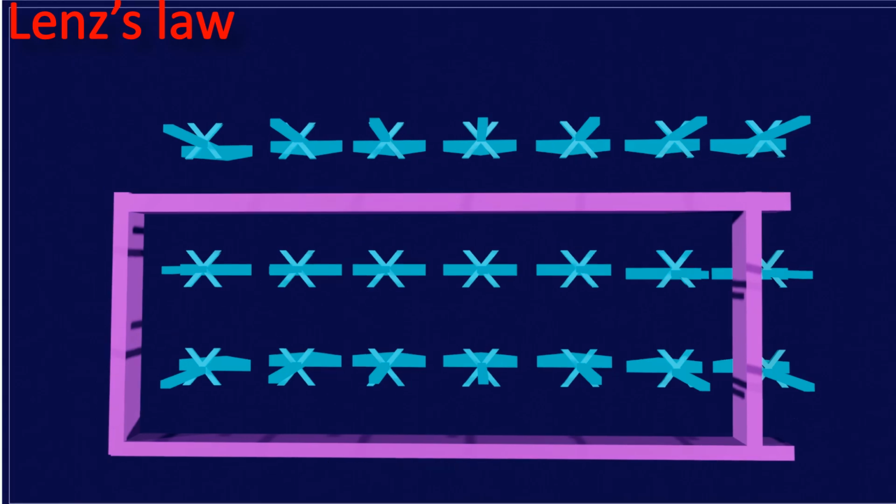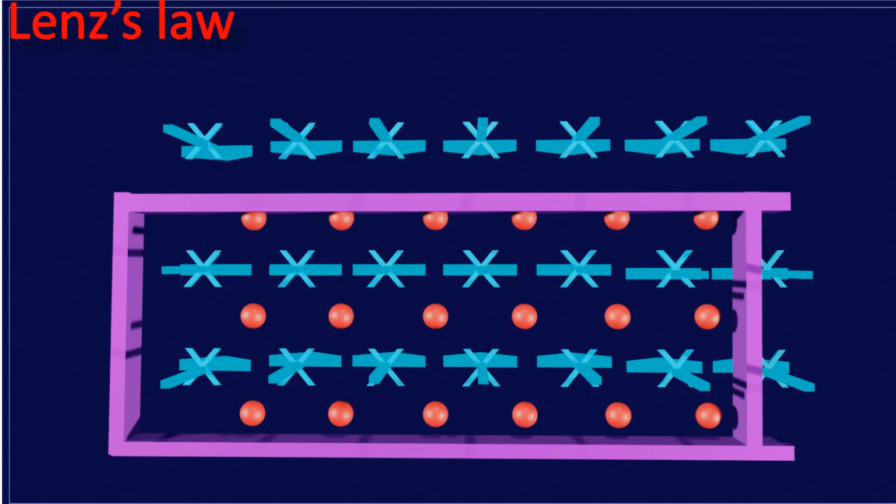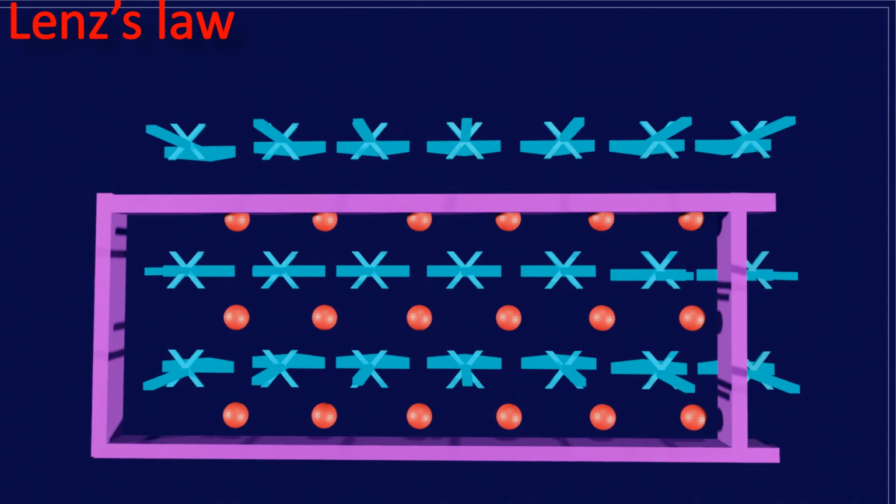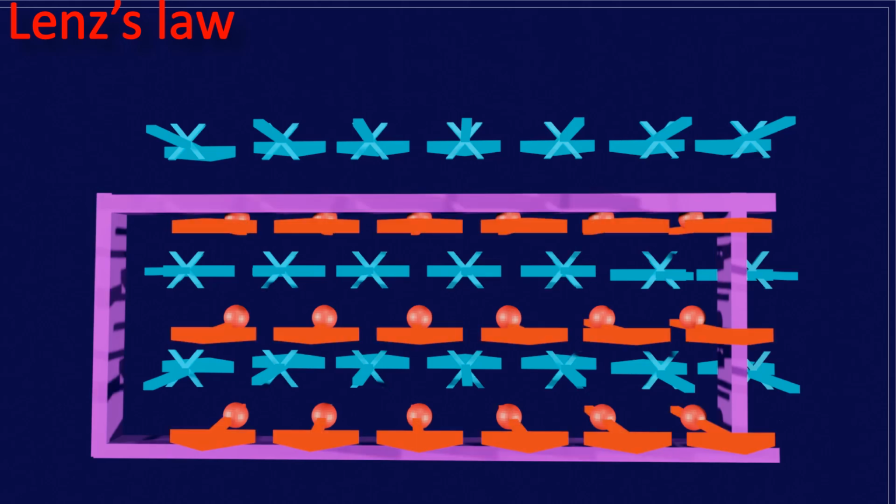As suggested by Lenz's law, the induced current opposes this flux increase and tries to reduce it by producing another magnetic field pointing outwards, that is, opposite to the existing magnetic field. The magnetic lines of this induced field are represented by red colored circles.